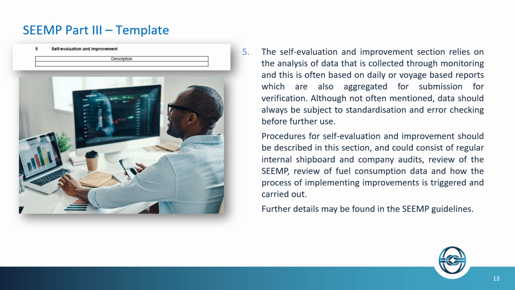Procedures for self-evaluation and improvement should be described in this section and could consist of regular internal shipboard and company audits, review of the SEEMP, review of fuel consumption data, and how the process of implementing improvements is triggered and carried out. Further details may be found in the SEEMP guidelines.